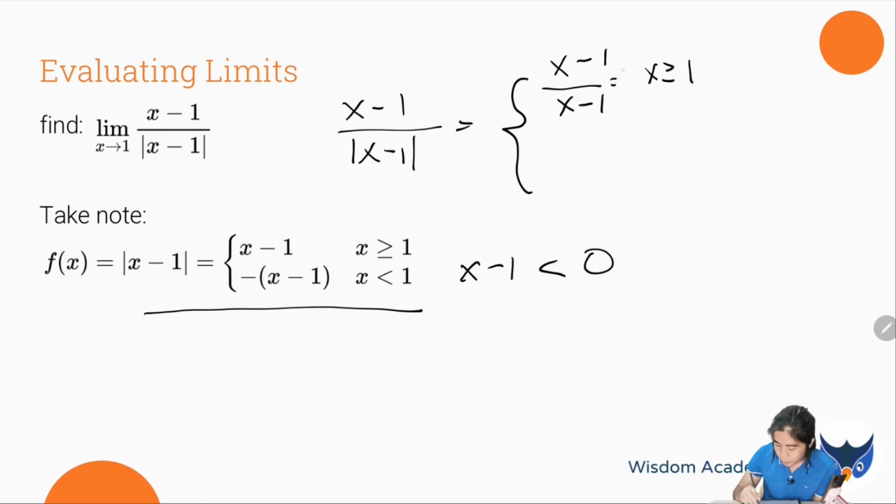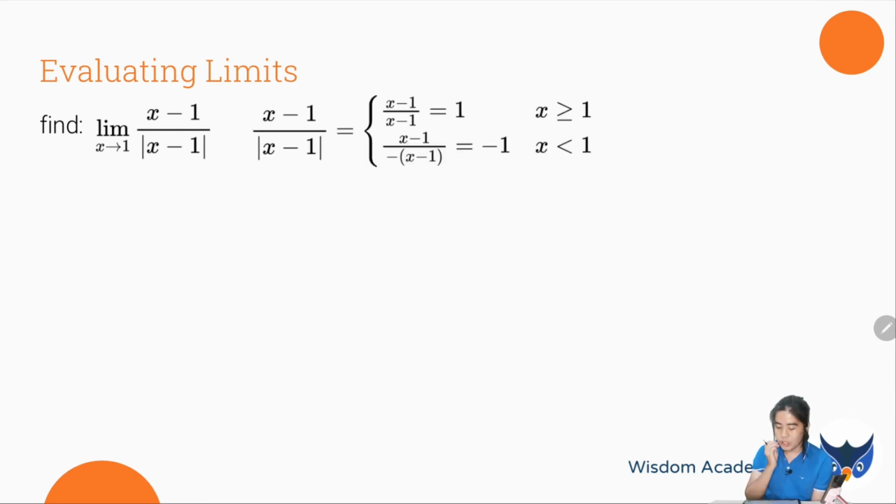This will be equal to 1, since x minus 1 ay pareho lang, so equal lang siya sa 1. And kapag naman less than 1, magiging negative lang 'to and will equal negative 1. Okay? So now, we have an equivalent piecewise function of our function.